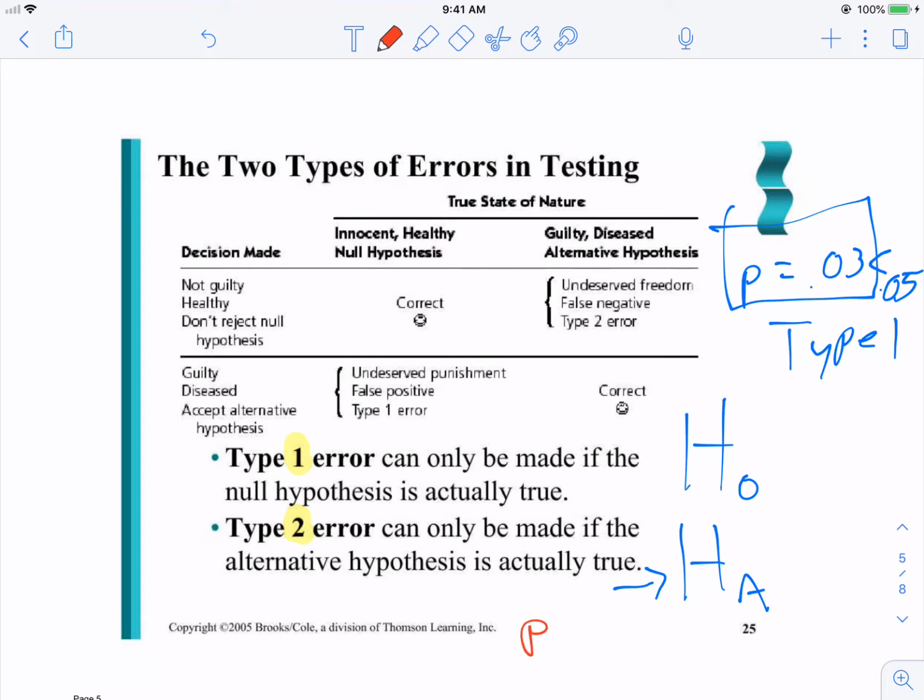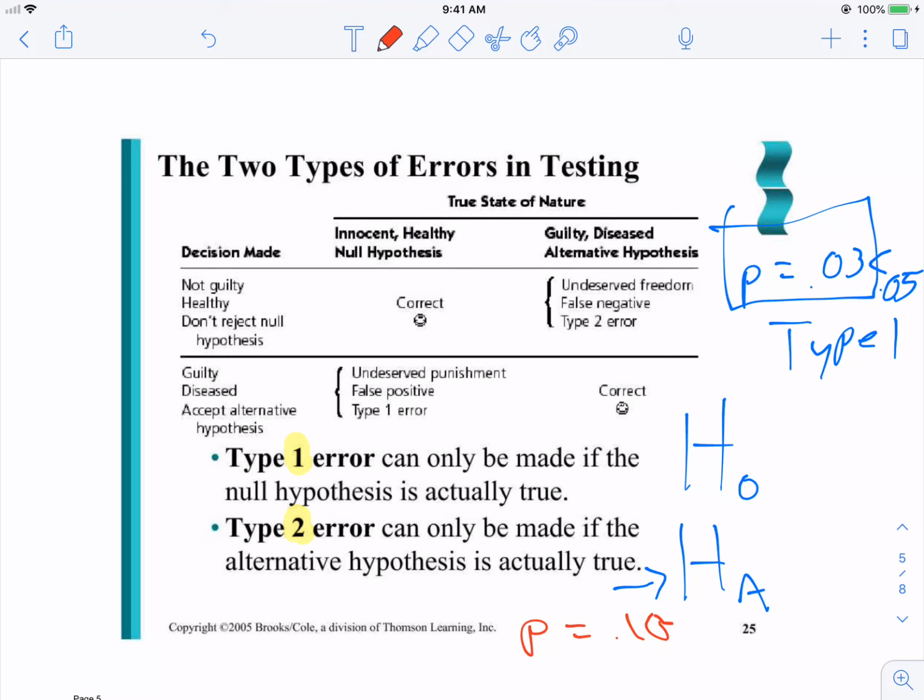So if you had a p-value of something like 0.10, 10%, you would fail to reject the null hypothesis. You believe the null is true, but if the alternative is actually true, that evidence is out there, but you didn't see it in your sample to reject the null hypothesis. So therefore, this would be a type 2 error.